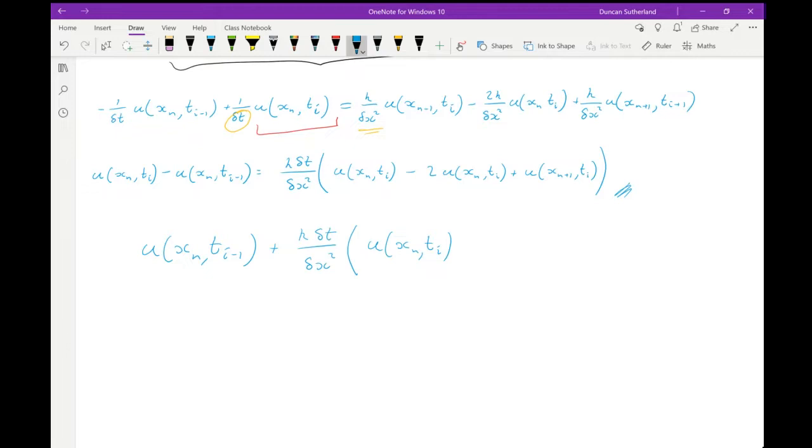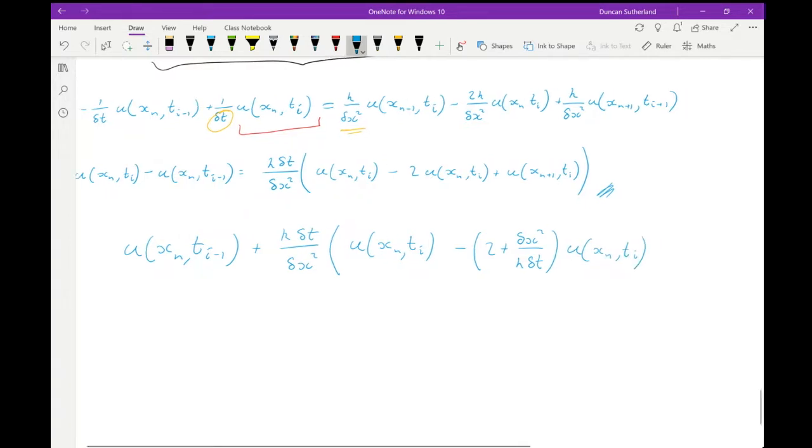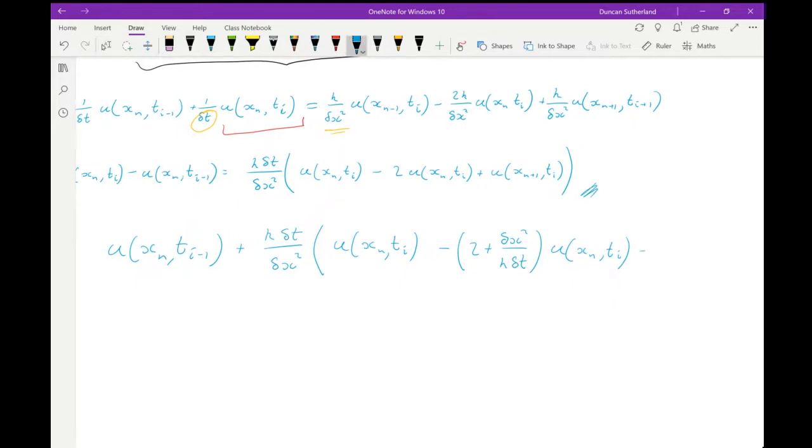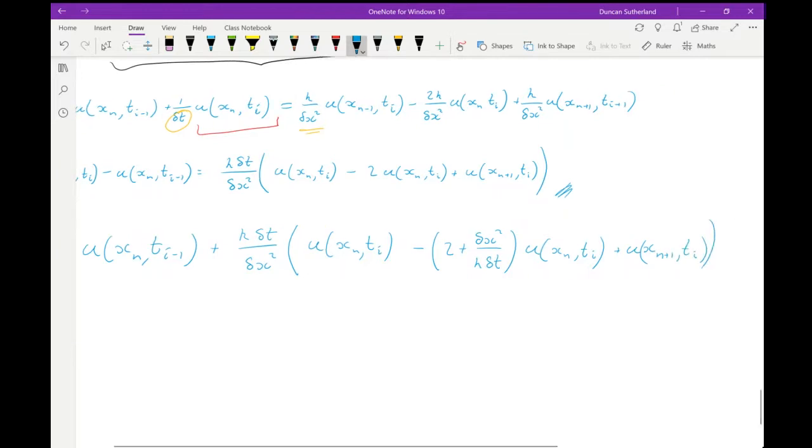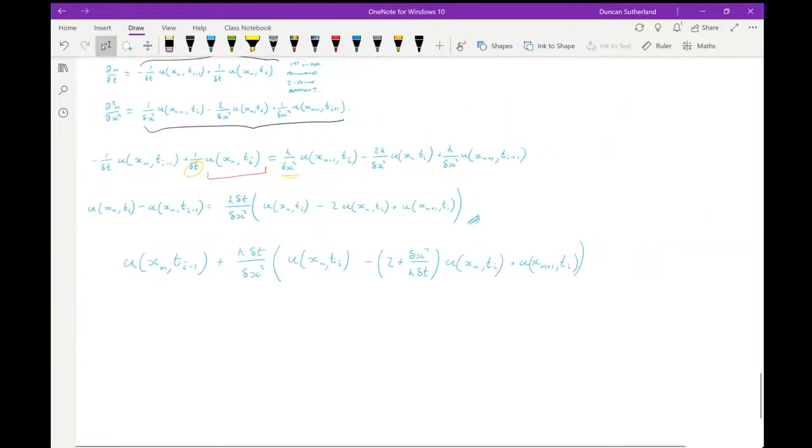It's also going to pick up a minus whatever the inverse of this is. So okay, so this equals 0.